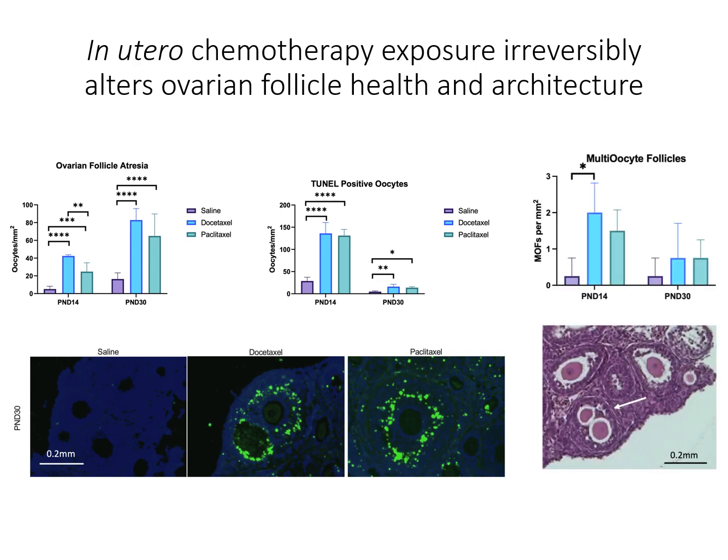Furthermore, we see an increased incidence of multi-oocyte follicles in the docetaxel exposed group specifically. This is a phenotype in which two oocytes are contained within a single follicle, so a single basement membrane. As a result, neither oocyte will receive sufficient somatic support for developmental competence and will not be viable as a result.